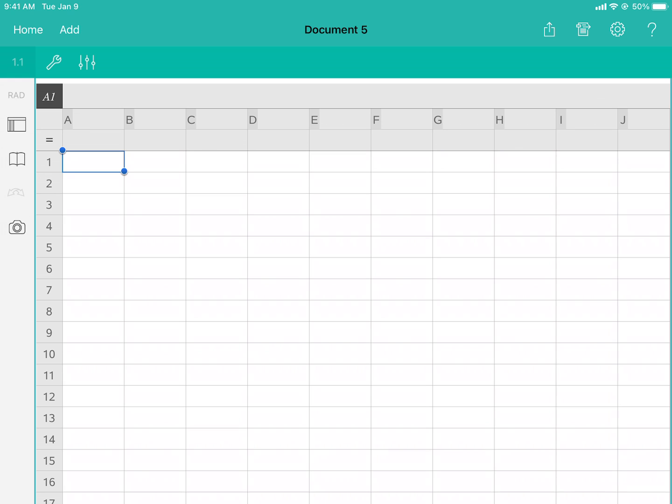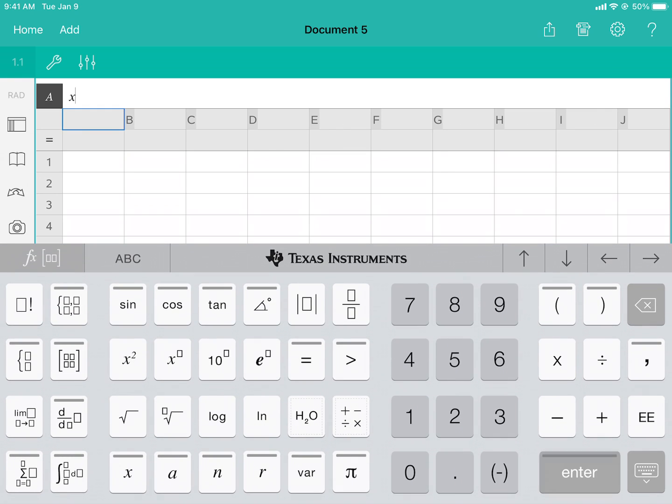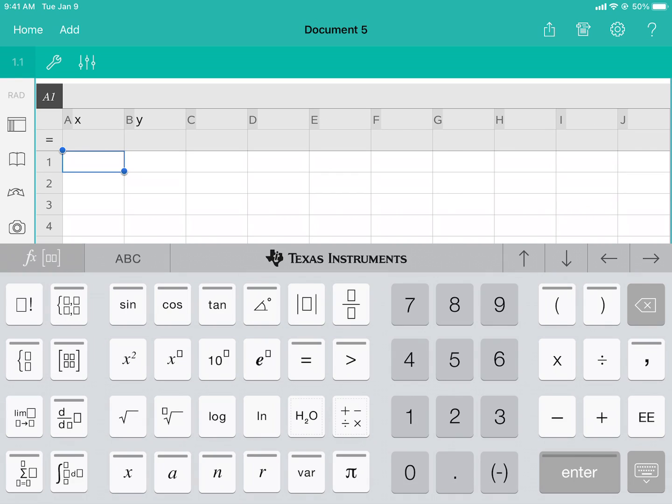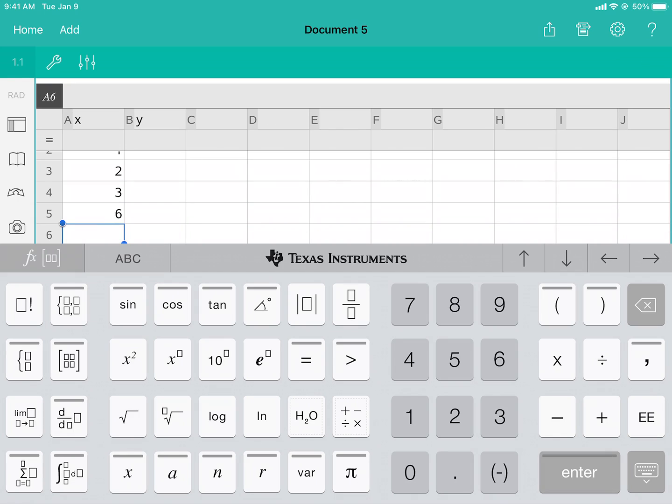So when I get here, I'm going to type in X next to A and Y next to B. Okay, from here, I'm going to type in the months under the X column and the value for Steve under the Y column. So my months are 0, 1, 2, 3, and 6.